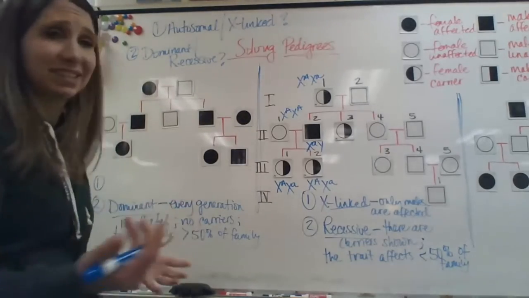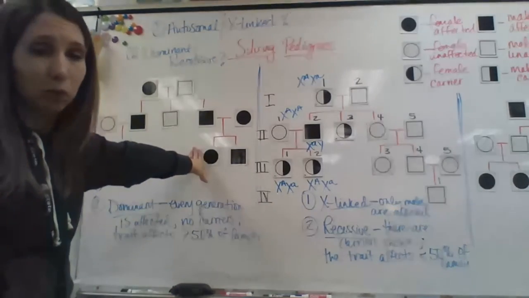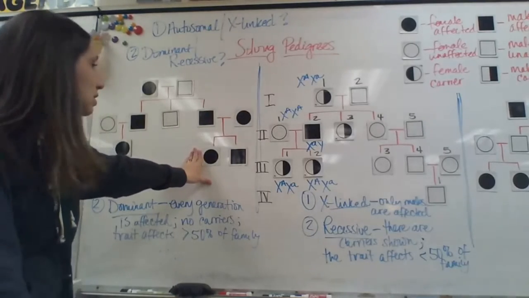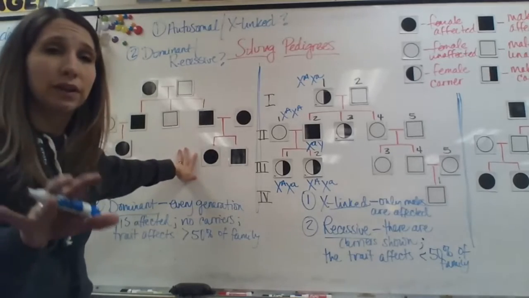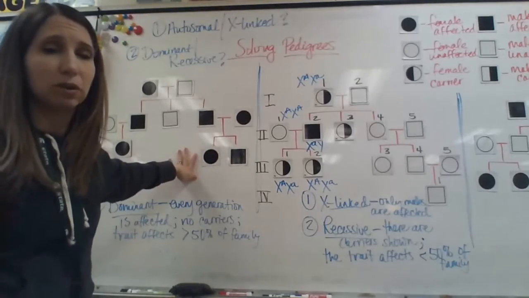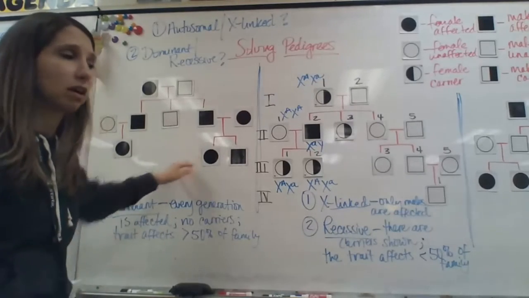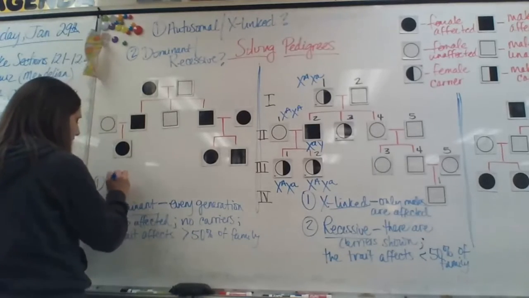If it was truly sex-linked, chances are it would not be like this. I would have a lot more males, to the point of maybe only males being affected, okay? So as a general rule of thumb, if you see females that are affected at all, you tend to go with autosomal, because X-linked traits appearing in females like this are going to be pretty rare, okay? So we'll say this one is autosomal.